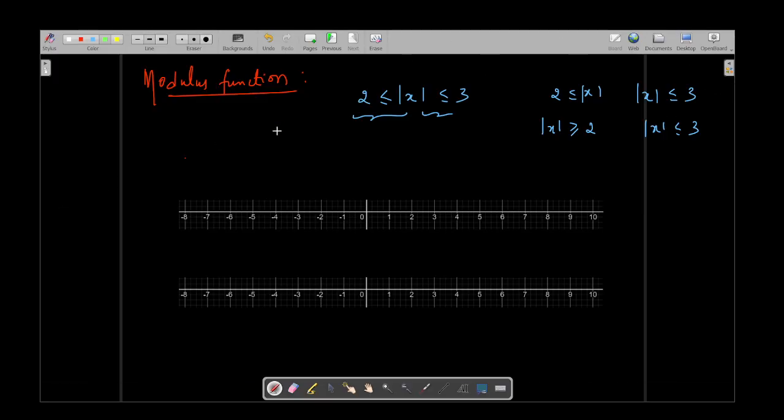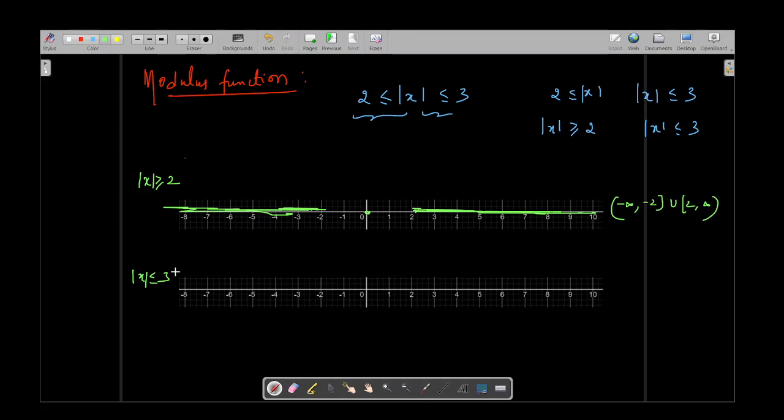Which points have distance greater than or equal to 2? All the points from 2 to infinity are my points, and on the left side also the same. So this means we have from minus infinity to minus 2 union 2 to infinity.